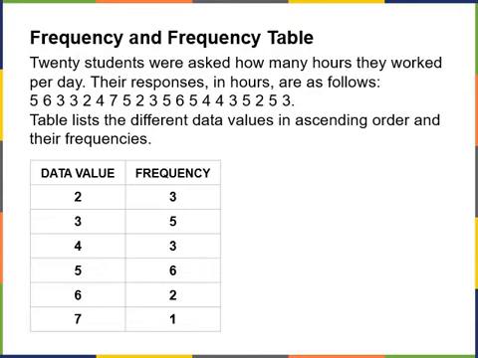What's important here is that your data values and your frequencies match. For example, there are 3 people who said that they worked 2 hours per day, at the top there. At the bottom, you have 1 person who said that they worked 7 hours per day, which is quite the haul for college.